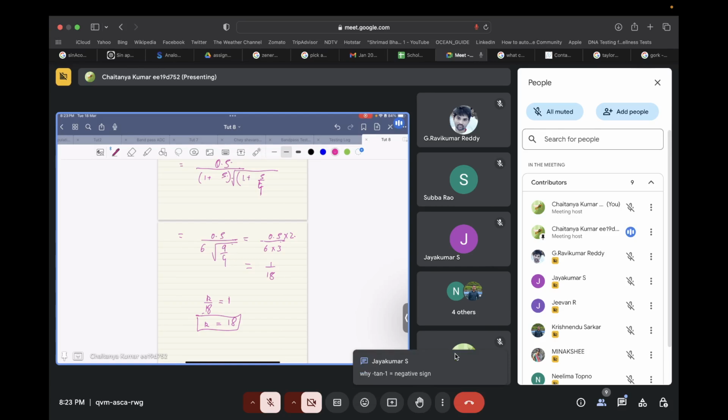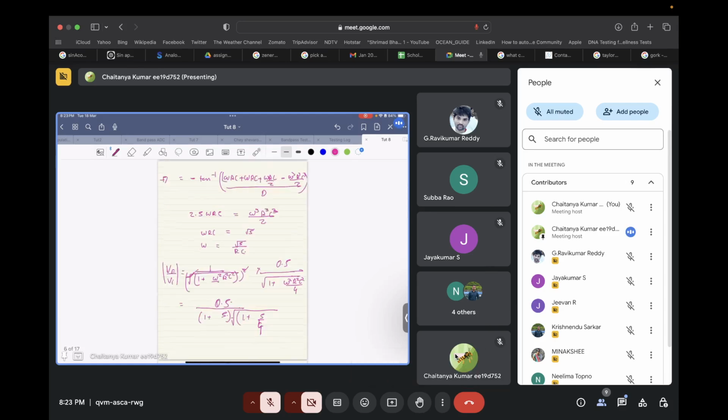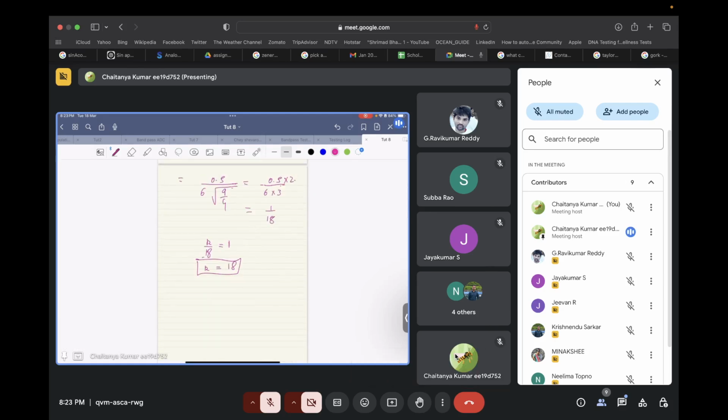So tan inverse has a negative sign because, okay, we will do it like this. Let's consider only one root. So we will have, let's say, 1 upon 1 plus src. If s is replaced by j omega, we will have 1 upon 1 plus j omega rc, right?